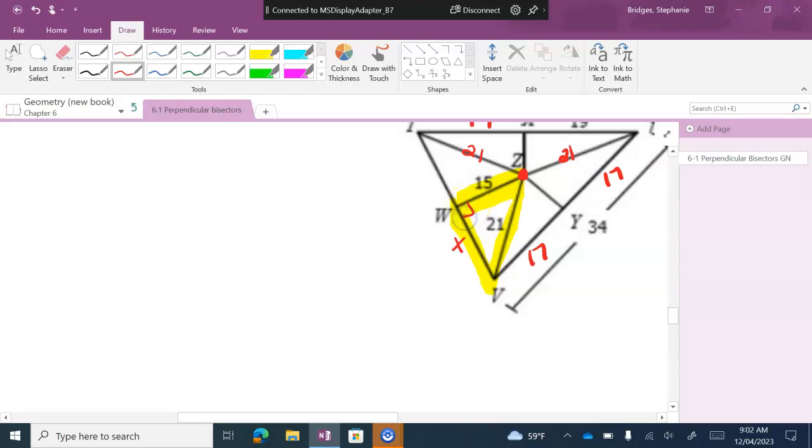Right angles. So that yellow triangle that I just highlighted, what kind of triangle is it? A right triangle. And in a right triangle, we can use the Pythagorean theorem. Okay, and that looks like this: A squared plus B squared equals C squared. We just have to know which piece is which.